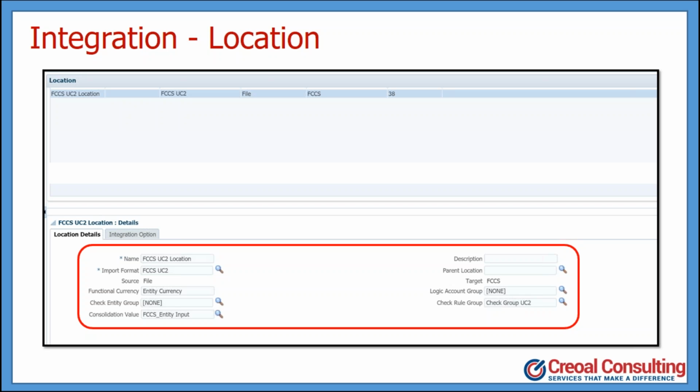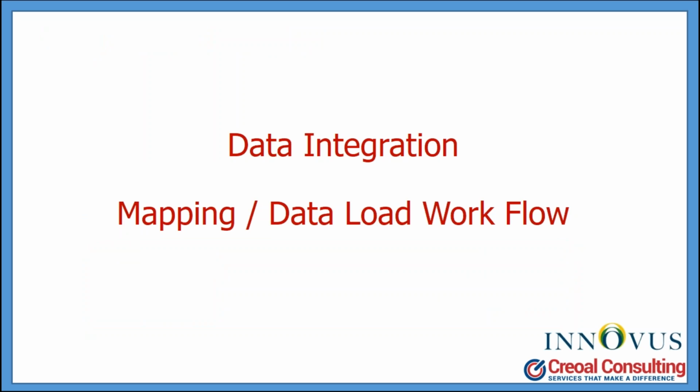And what you're telling data management is, I created an import format, and that import format tells me what my mappings are from my file into data management. I want to use a particular import format. I want to use a specific location or application, which we call FCCS.